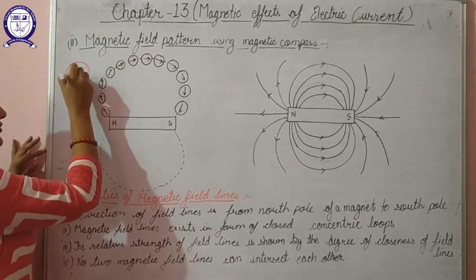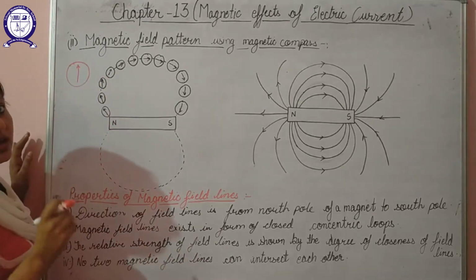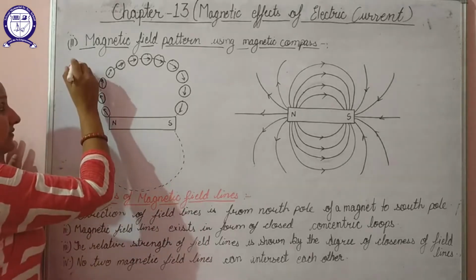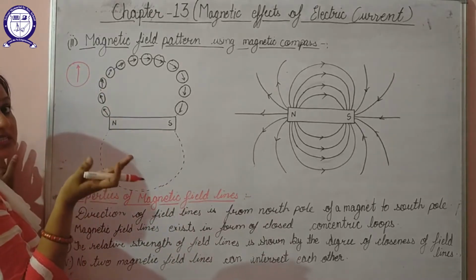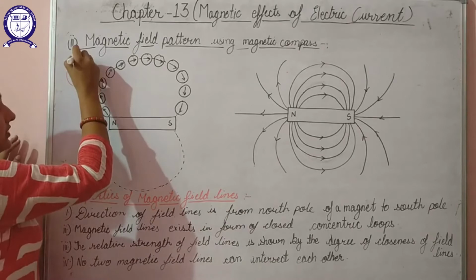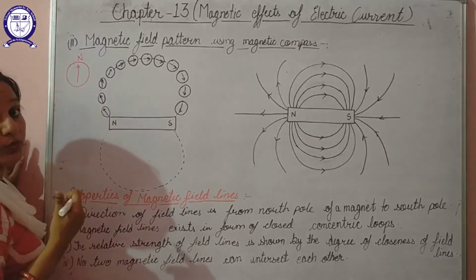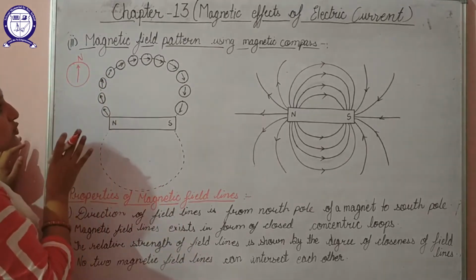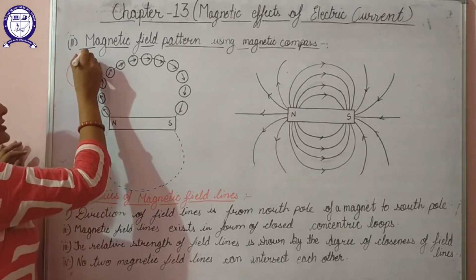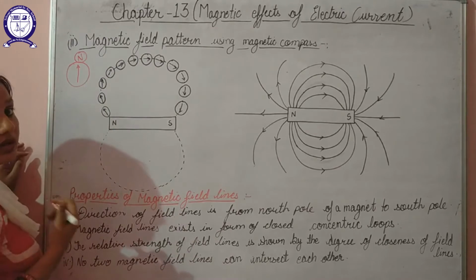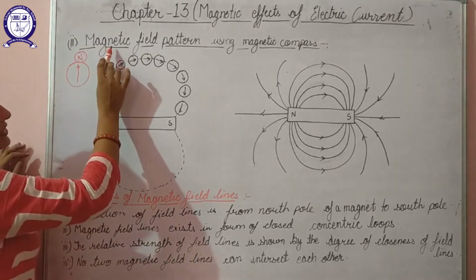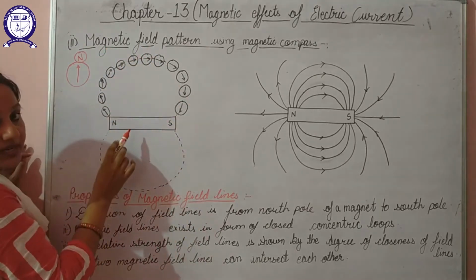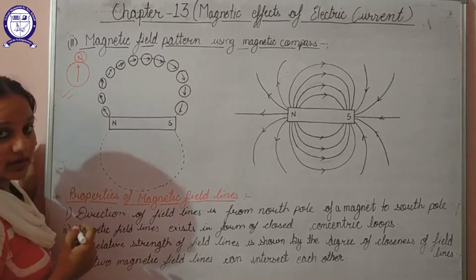It comprises a needle made of a magnet, and when you suspend it freely, it always points towards the north pole of the earth. So a magnetic compass always points towards the geographical north of the earth. We will draw the magnetic field pattern of a bar magnet using this magnetic compass.